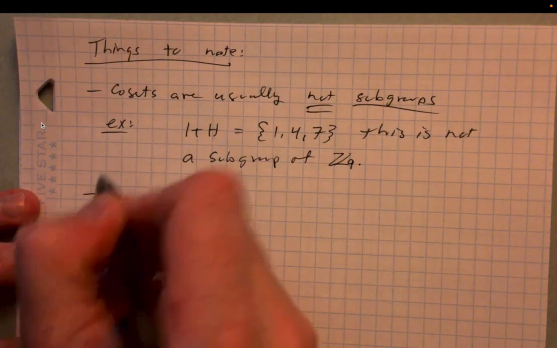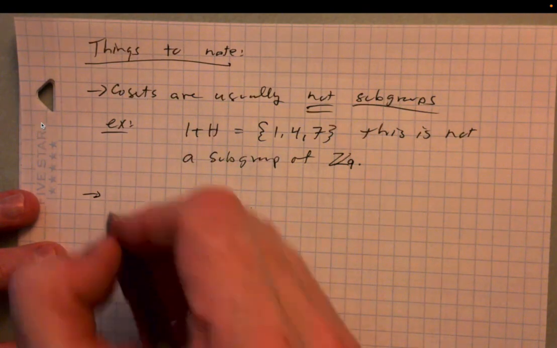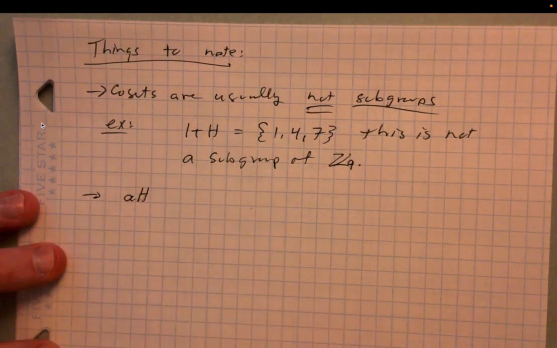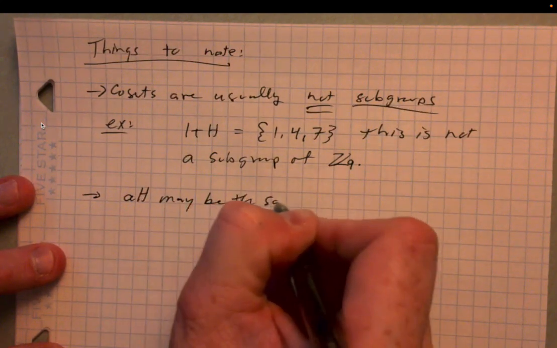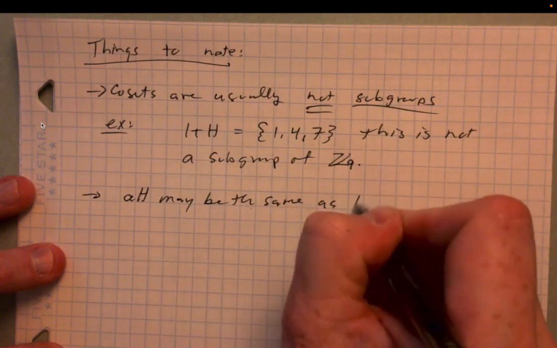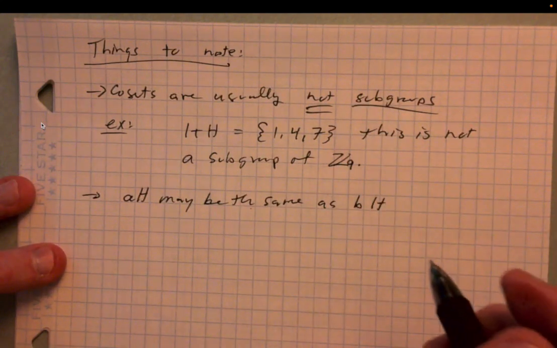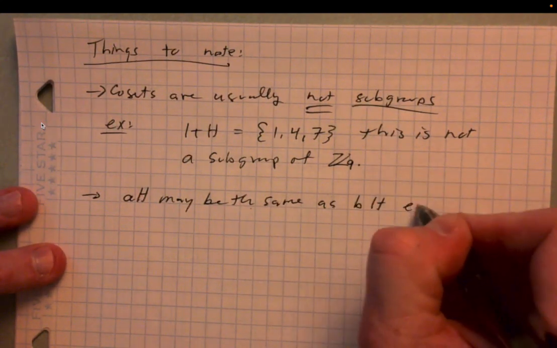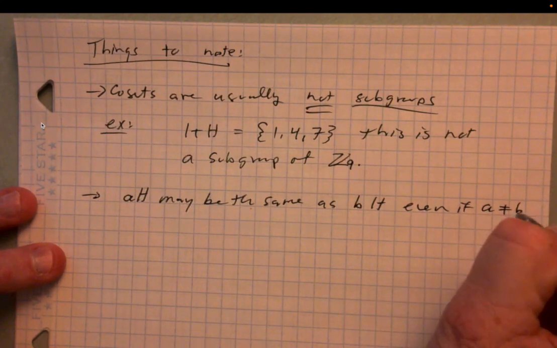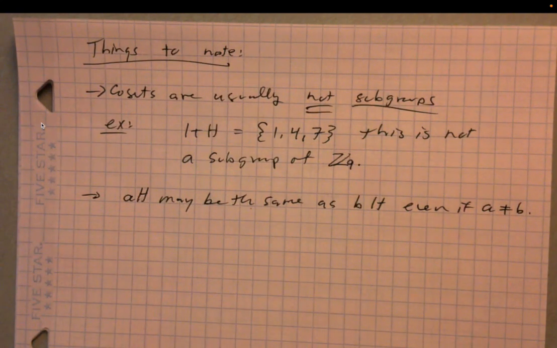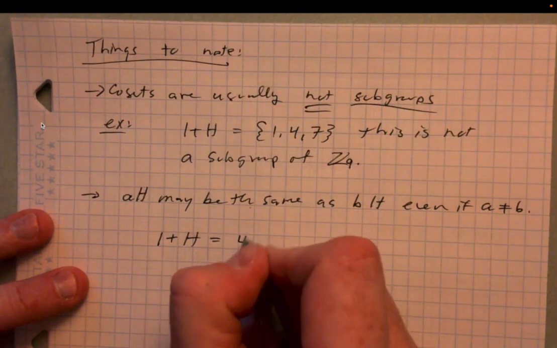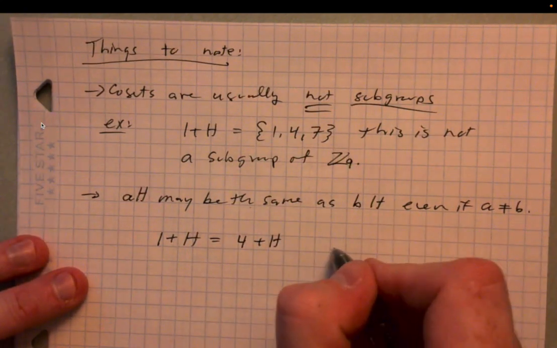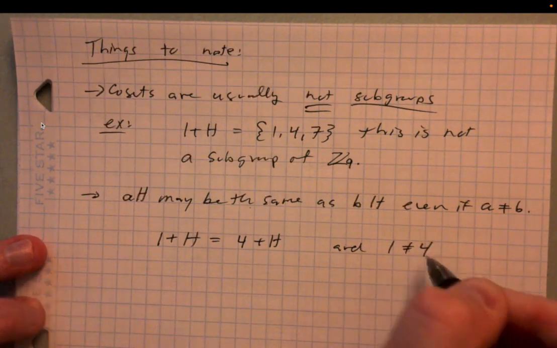Second thing to note, the coset AH may be the same as BH, even if A is not equal to B. And of course, we saw this already. We saw in the previous example that 1 plus H was equal to 4 plus H. Obviously, 1 is not equal to 4.